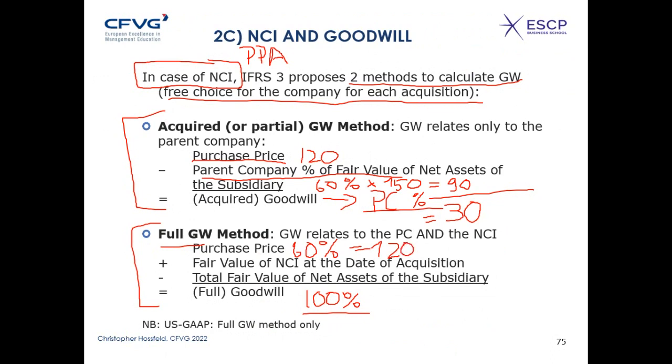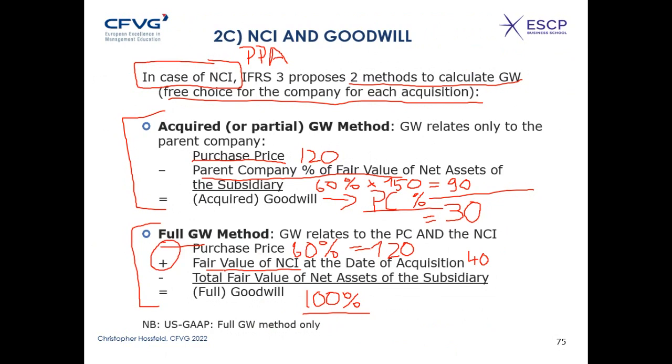In order to get to 100%, obviously, I need to add the fair value of NCI, because the NCI are the other 40%. So if I add my 60% and the 40% NCI, in total we have 100%. So it's like a hypothetical purchase price for 100% of the subsidiary.